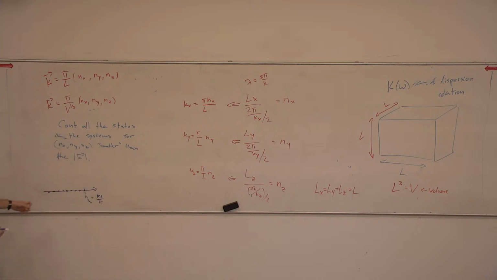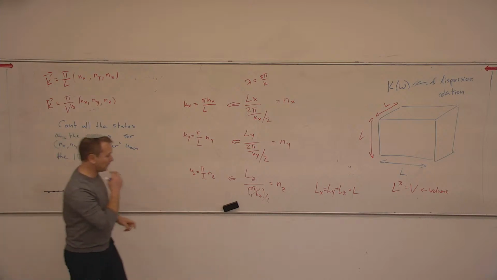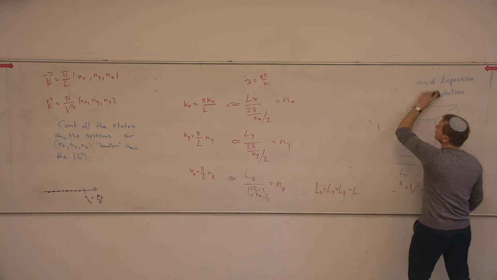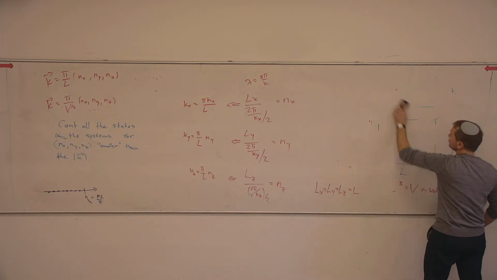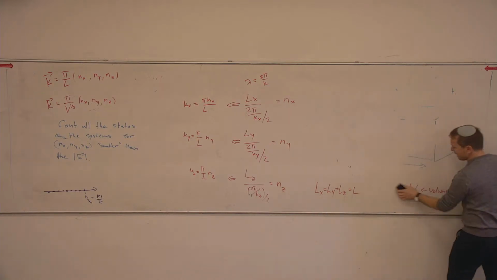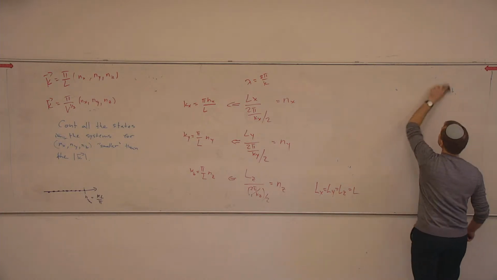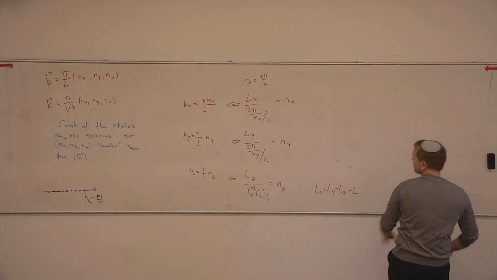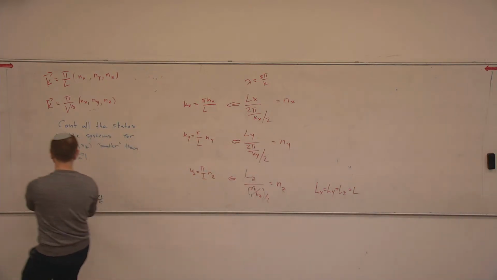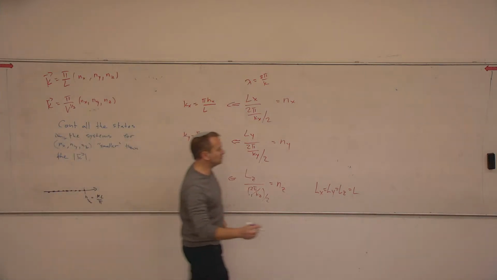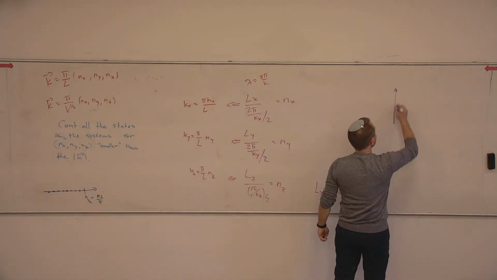This is what we have done in the one-dimensional system. In the three-dimensional system, it is different, right? We can have different variations of nx, ny, and nz. So we are not looking at the integer numbers sitting on a one-dimensional line. We plot three dimensions.